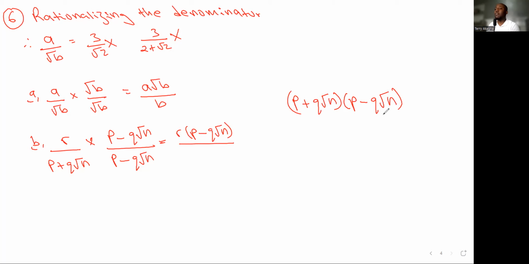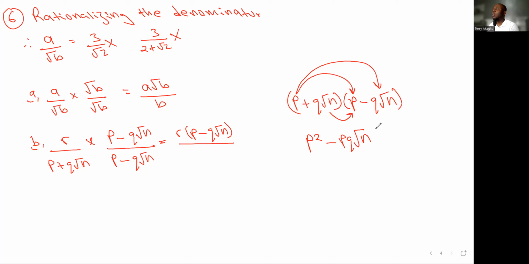So you're going to use P first to multiply to give you P squared. Then P is going to multiply this, so P multiplied by minus Q root N, and that will give you minus PQ root N. Are you seeing it?